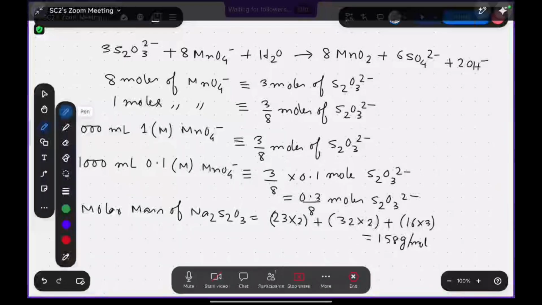That means 1000 ml 0.1 molar potassium permanganate is equivalent to 0.3 by 8 moles. I am just converting it to weight because the question has been given with respect to the weight. You have to calculate the volume for a specific amount of sodium thiosulfate. So it is given 0.158 gram. The sodium thiosulfate amount is specifically given.